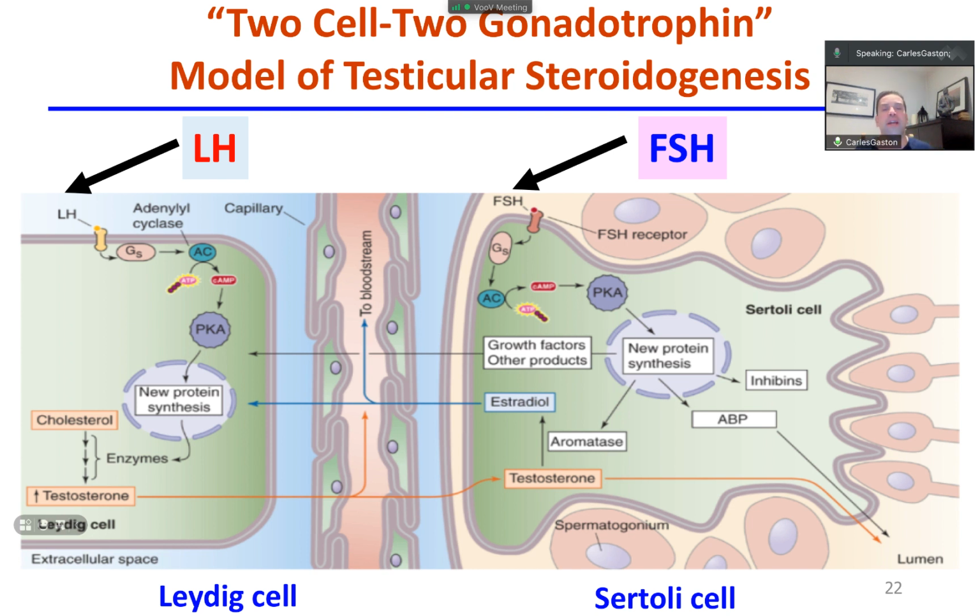So if we look into the cells, this is a little bit what happens. We have the Leydig cells and the Sertoli cells. The Leydig cells have the LH receptor, so LH binds to the receptor and activates cyclic AMP, which activates PKA that goes into the nucleus, and what it produces are the enzymes.